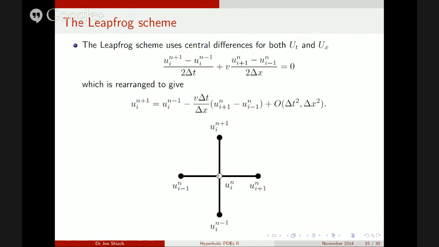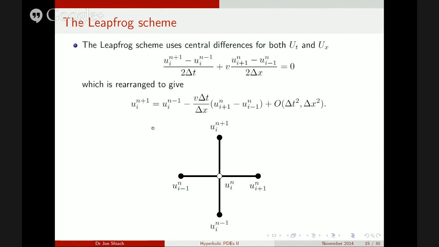We don't use this node. The next value of this node here is calculated using the old values. This is the current values at time level n. The one before that is n-1. So we say it leapfrogs over the current value. We use an old value from a previous time step to calculate the next value. So it's called the Leapfrog scheme.